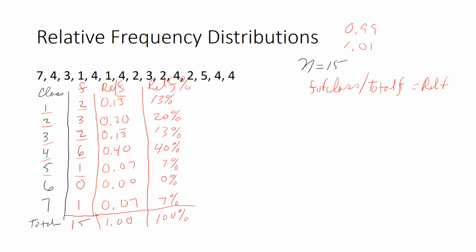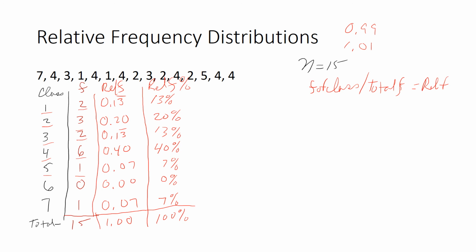Now that we've taken the raw data and broken it down into a frequency distribution in the other video, and now gone with the relative frequency distribution, that shows us some of the patterns at a glance within this data. What's really going on?